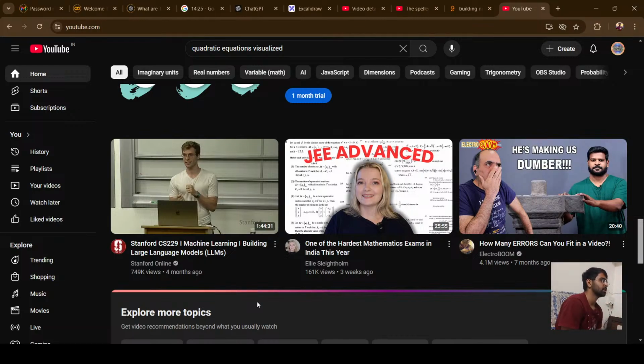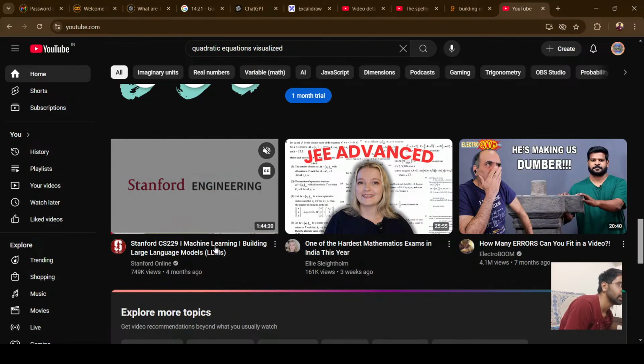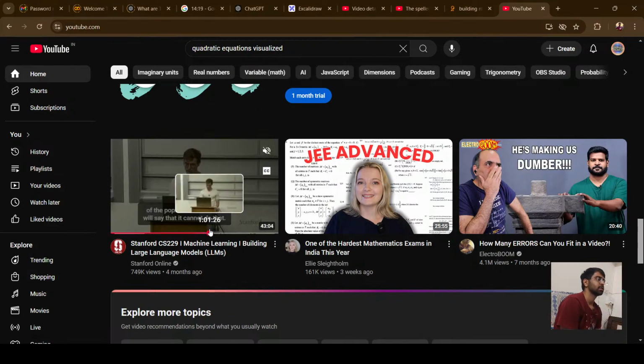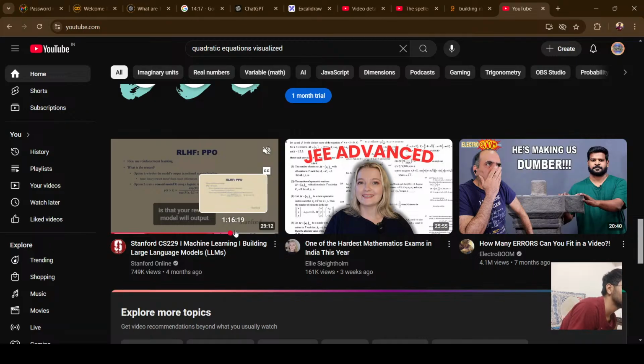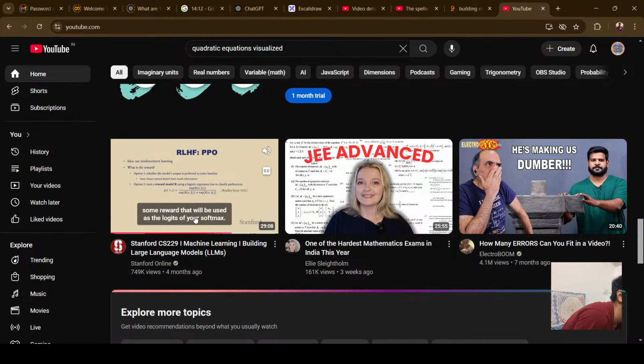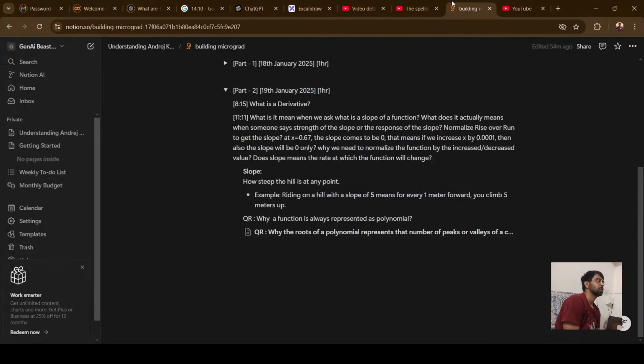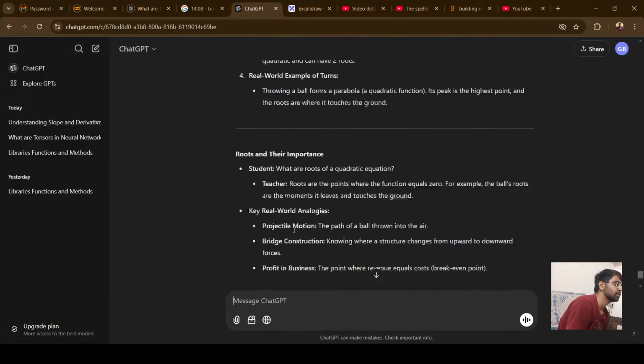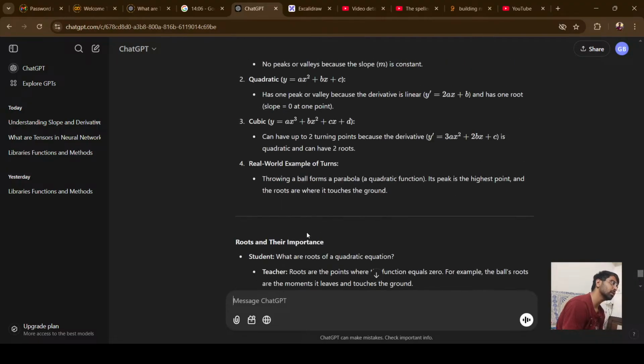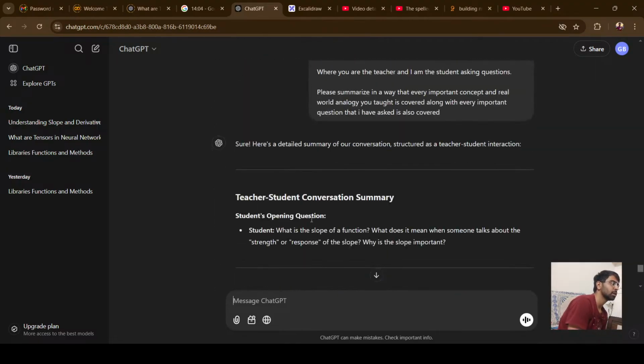He's making us dumber. Central machine learning building LLM. Crazy things. RLHF. Rectified linear. This is activation functions, no? This much only? Okay.